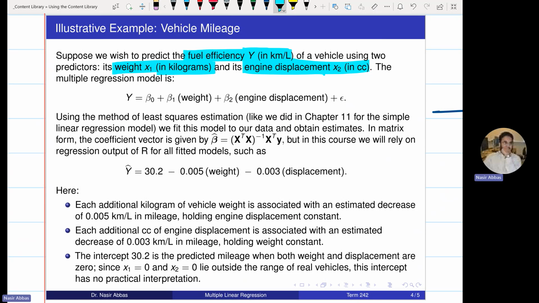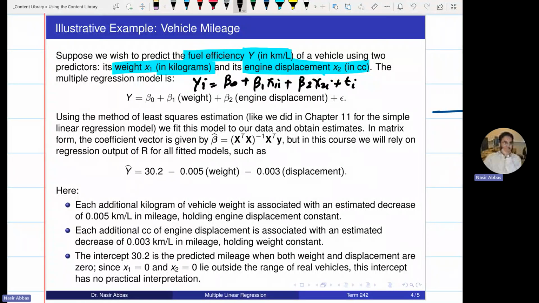So the regression model that you fit is something like this. yi equals beta naught plus beta 1 x1i plus beta 2 x2i plus epsilon i, where x1i is the weight of the vehicle and x2i is the engine displacement. This is the model that you want to fit.